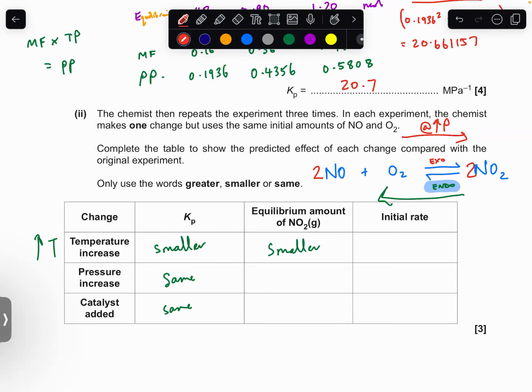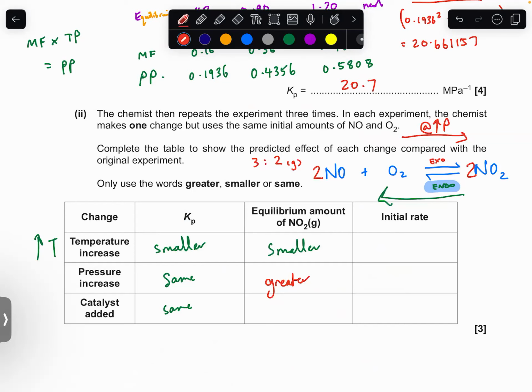Why is that? Because there's 3 moles of gas on the left-hand side, 2 plus 1, and there's 2 moles of gas on the right-hand side. So increasing the pressure, equilibrium will shift to the right, making the equilibrium amount greater when you increase the pressure.